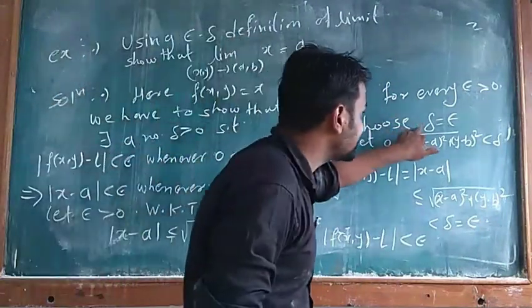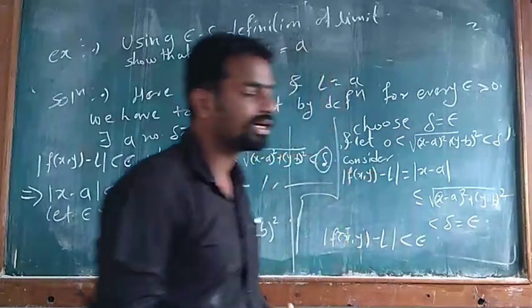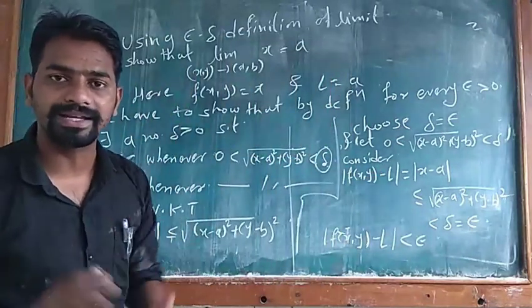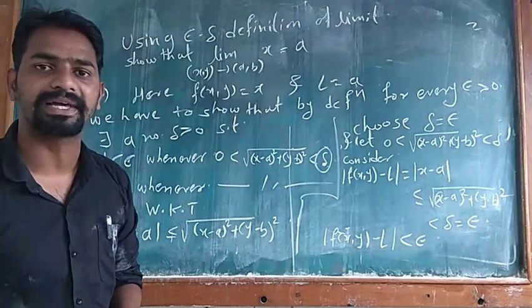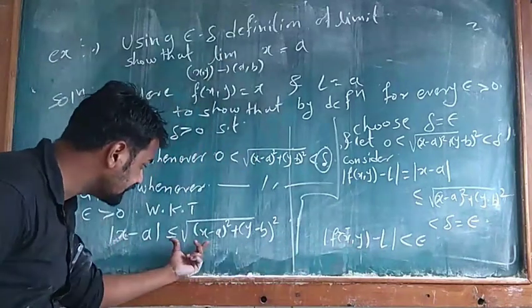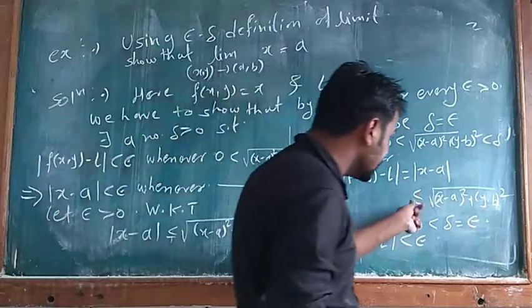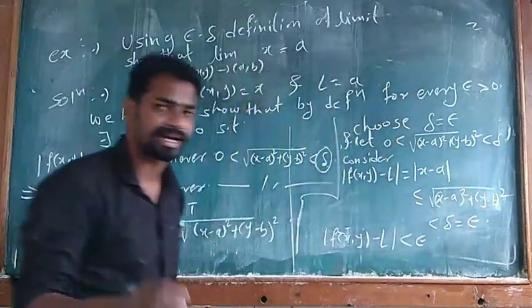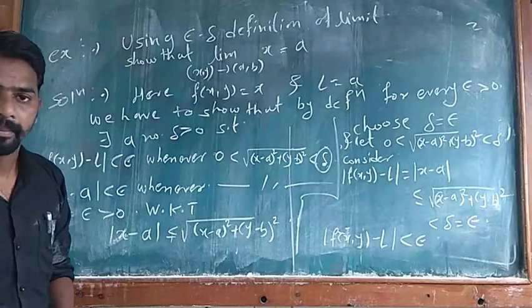If we choose delta equal to epsilon, now consider |f(x, y) − a|, which is equal to |x − a|, and we know that |x − a| is less than or equal to this expression, so we get less than or equal to √((x − a)² + (y − b)²).